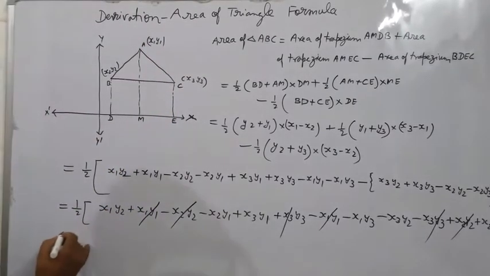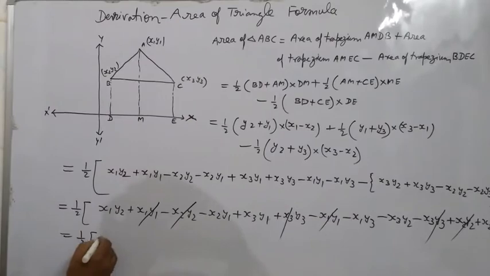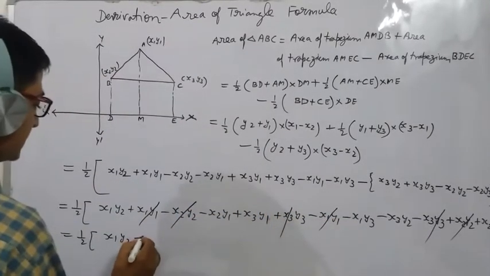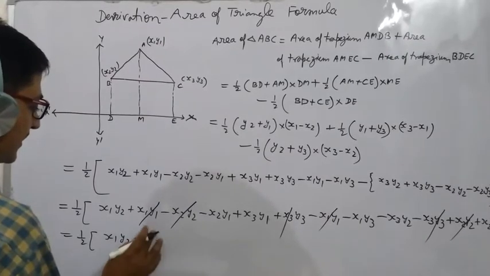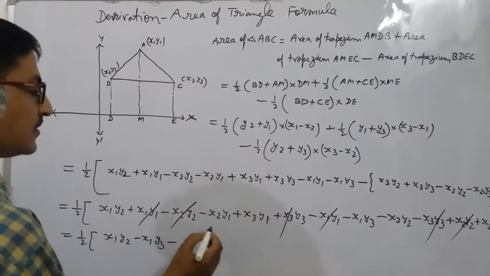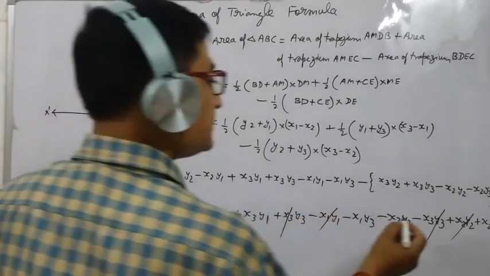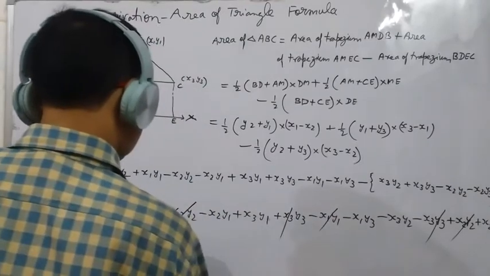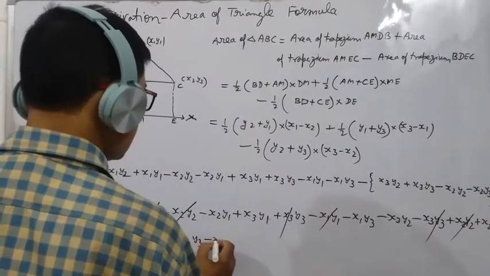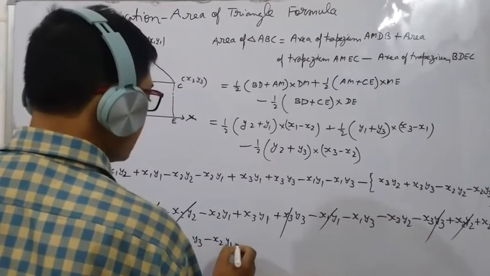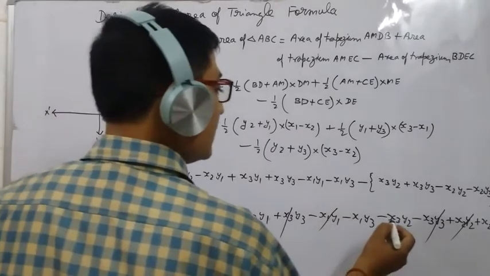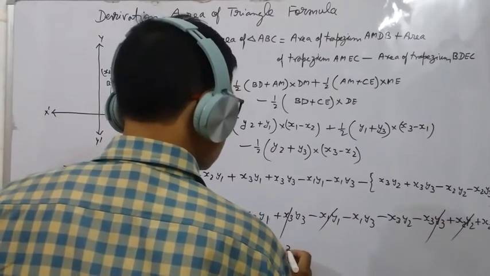So now we write 1 by 2 of x1 y2, and x1 y3 in one place, plus x2 y3, then minus x2 y1, plus x3 y1 and minus x3 y2.